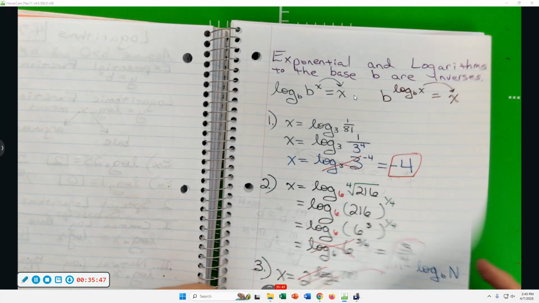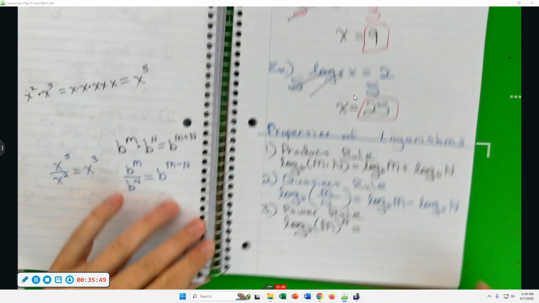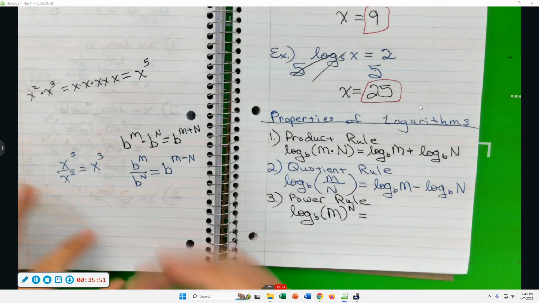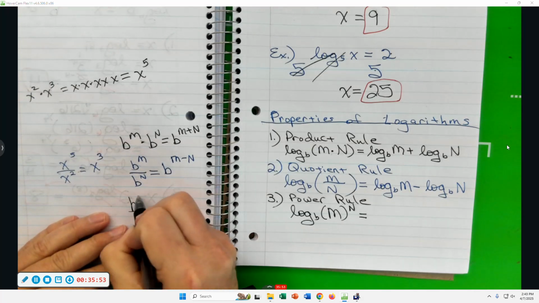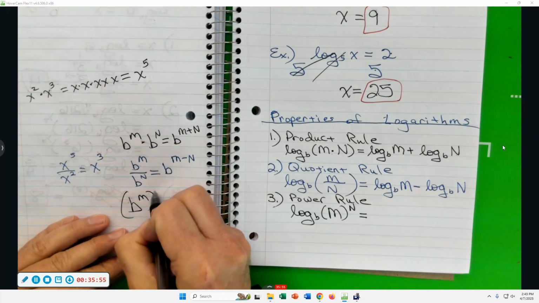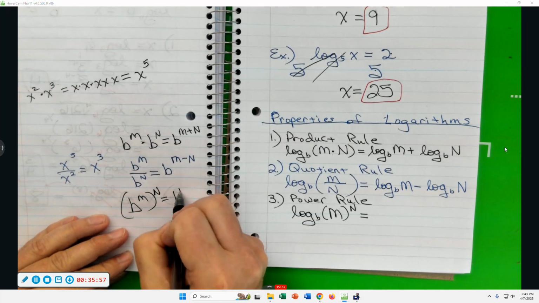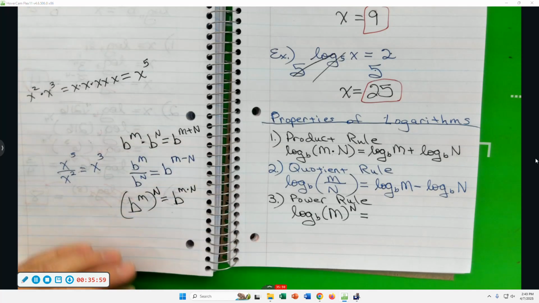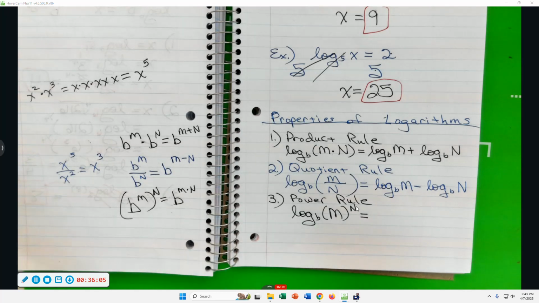So, where are we? A power raised to a power, you multiply m times n. Okay. I said a logarithm is a fancy way of expressing what? An exponent.